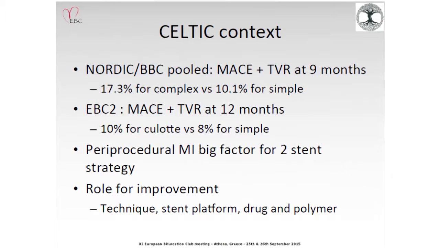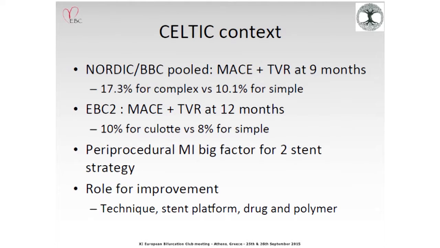A simple approach seems to be best. However, the consensus did state that in cases of bifurcation with large side branches with ostial disease extending more than 5 millimeters, a 2-stent strategy could be utilized. It is an improvement for the complex strategy, but certainly not beating the simple strategy. However, the peri-procedural MI, as we've mentioned, was a big factor for the 2-stent strategy.